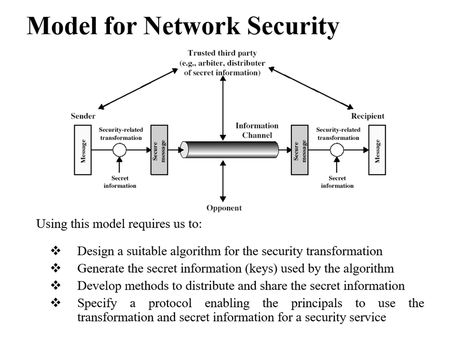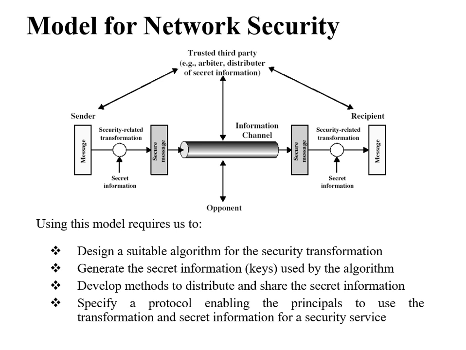Next is the model for network security. This figure explains that a message is to be transferred from one party to another across some sort of internet service. The two parties who are the principals in this transaction, the sender and the recipient, must cooperate for the exchange to take place.